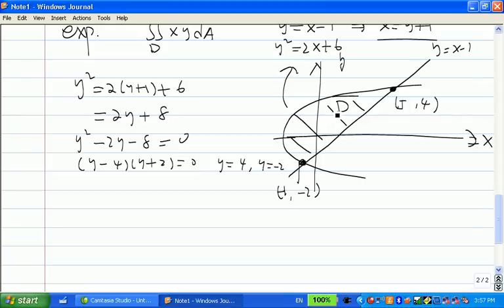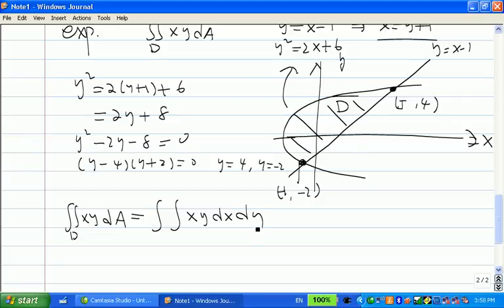Obviously, for this problem, projecting on the y-axis is easier. So let's do that first. We decide dx goes inside, dy goes outside.